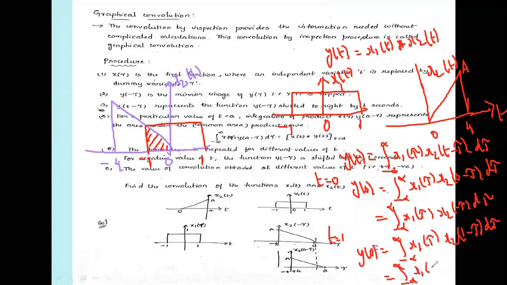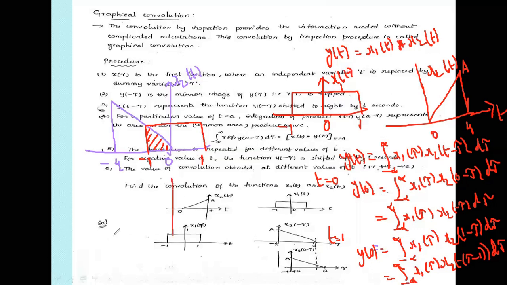So x1 of tau, x2 of, taking the minus common, tau minus 1, d tau. So x2 of minus tau, the 1 value is there, minus of minus is 1. The folded function is shifted to the right side.